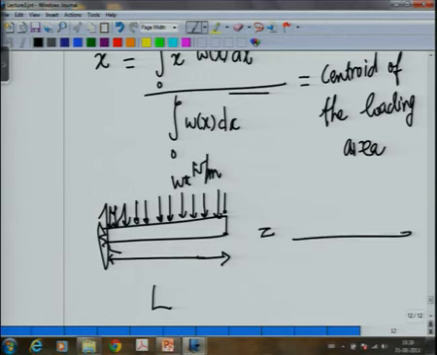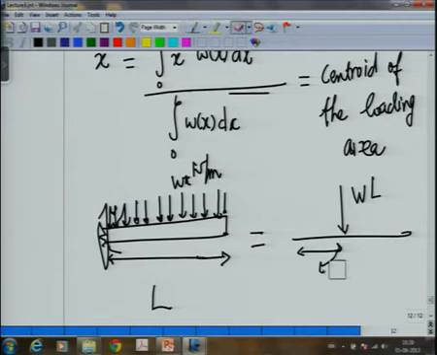Then this is equal to WL, acting at a distance of L by 2. Is this clear? Because W times L is the area, so that is equal to the force. It acts at the centroid, so WL.